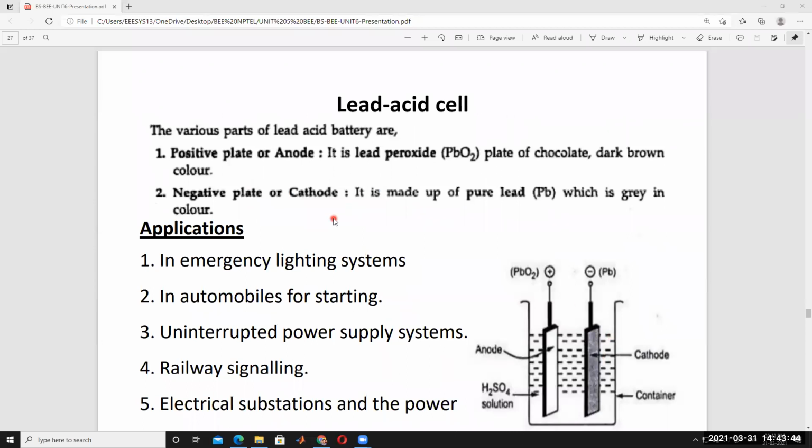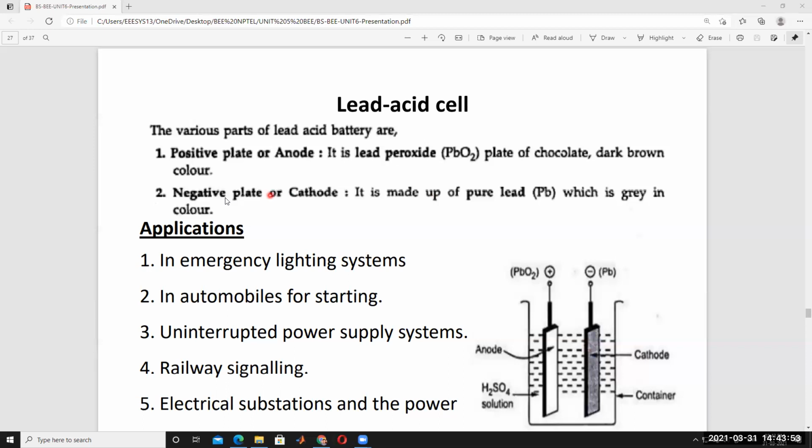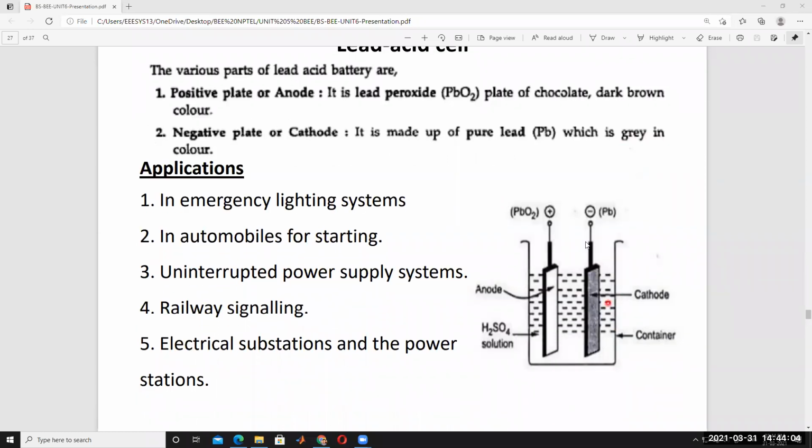The negative plate is called the cathode, made of pure lead, Pb, which is gray in color. H2SO4 is called the electrolyte.